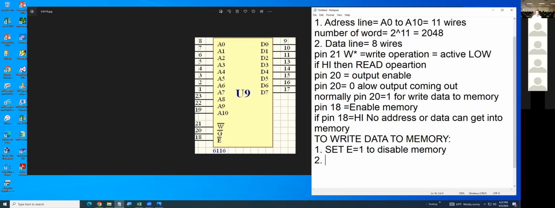Okay, and now you can apply address, A0 to whatever. Number 3, apply pin 21 to 0.